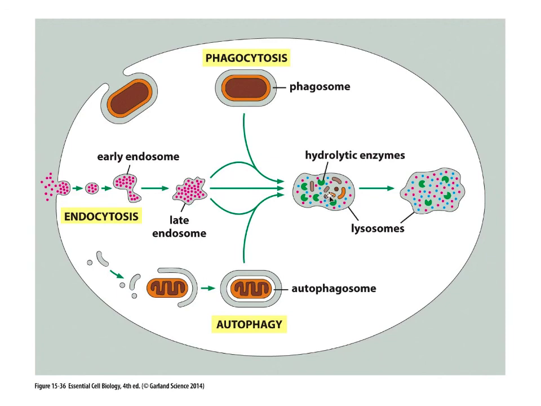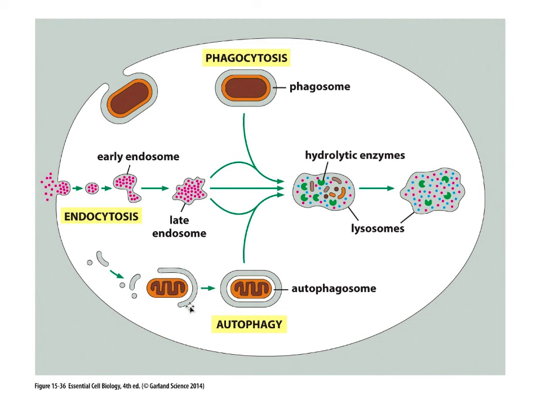And the lysosomes can actually merge with phagosomes and endosomes directly, as indicated by the green arrows here. And finally, the third pathway is old material that the cell no longer needs. For instance, this mitochondrion is no longer functioning properly, and the cell feels that it can be degraded.